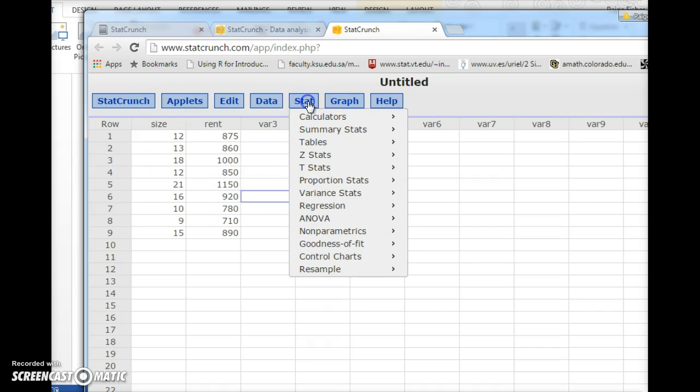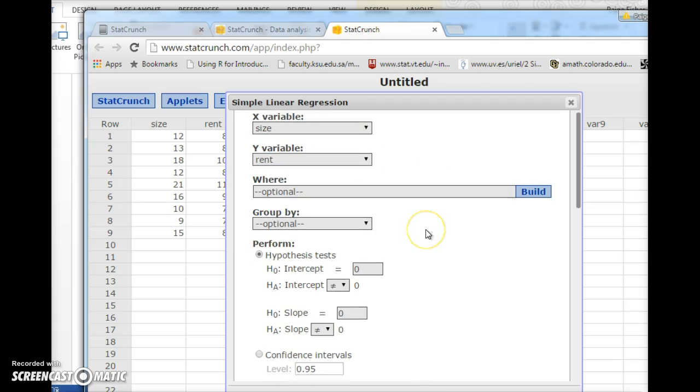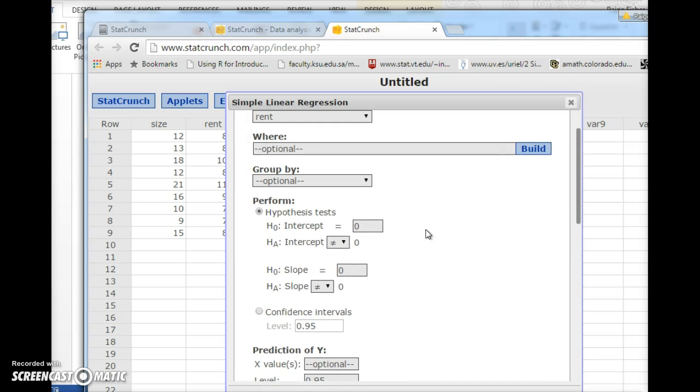So this is size, and this is going to be rent. So we go to Stat, Regression, Simple Linear. Our x variable is going to be size. Our y variable is rent. And then we have a hypothesis test for the slope. Remember that slope is the same thing as testing the correlation.